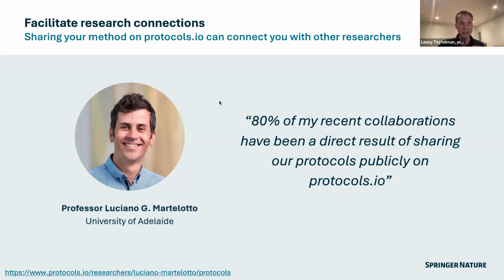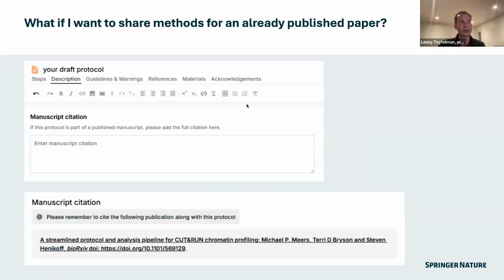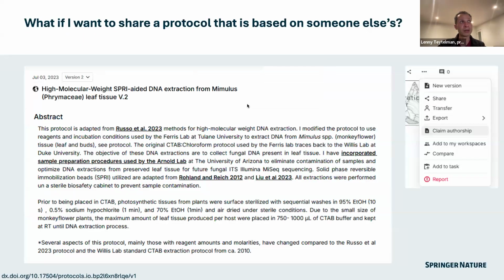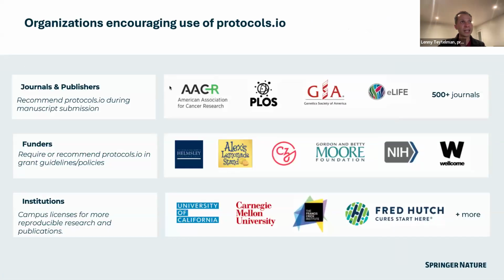So this is an intrinsic reward of just making your protocols public, even if you're not then turning them into full peer-reviewed papers. We'll share these slides and I'll just finish by saying that I should correct this to 1,000 plus. There are now over 1,000 journals that explicitly recommend in author guidelines sharing your methods on protocols.io.